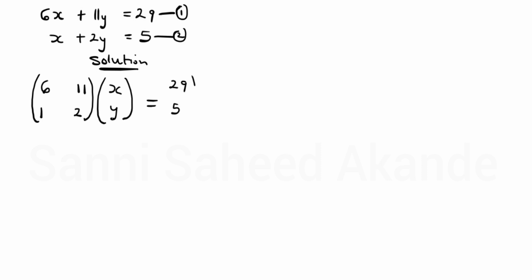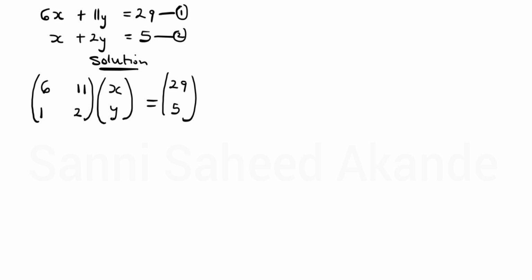So this is the matrix expression of the simultaneous equation given to us. I think you now understand how to write a matrix expression from the given simultaneous equation.